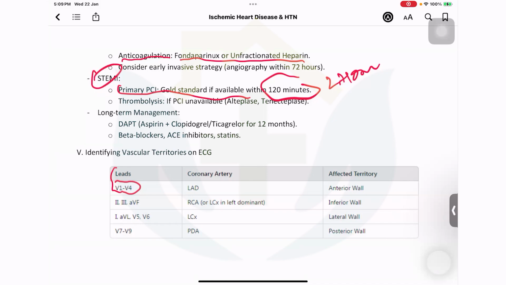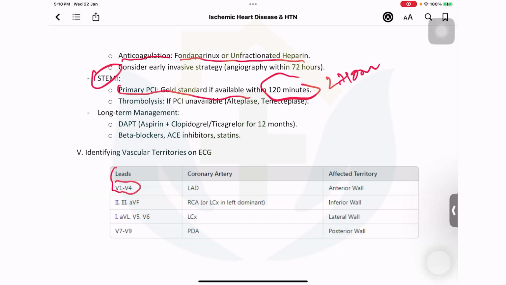However, in left dominant circulation, it is the left circumflex which gives off the PDA. So the left circumflex can also lead to 2, 3, aVF changes. Lead 1, aVL, V5, V6, left circumflex, lateral wall involvement, and V7 to V9, PDA.